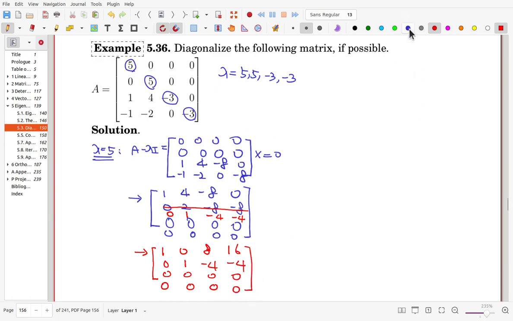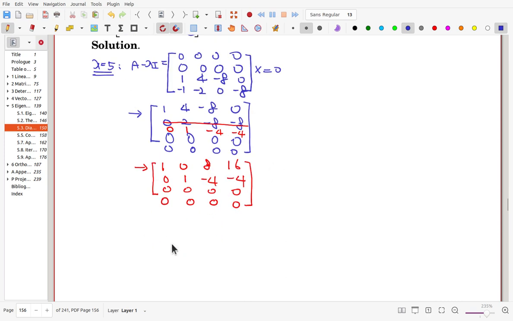Okay, let's go back to blue. Now, from here, this is the reduced echelon form, and x3, x4 are free variables.